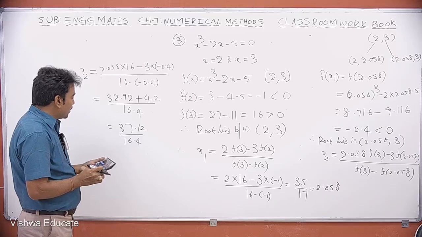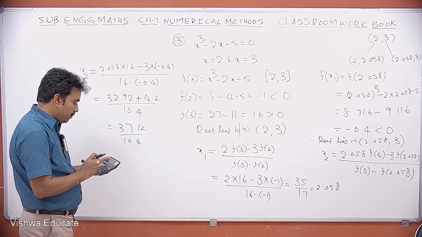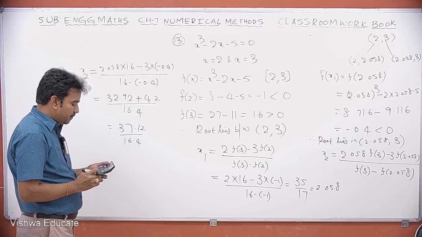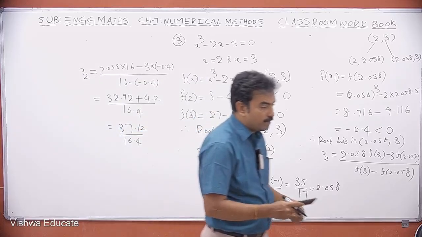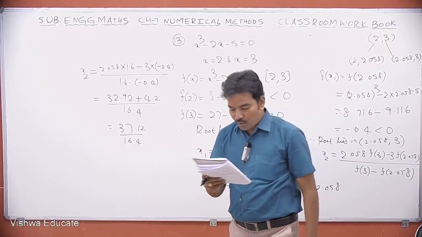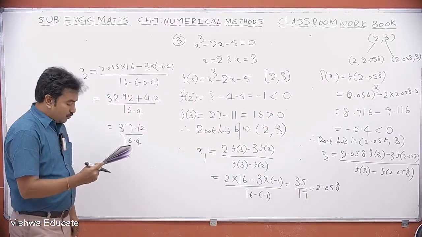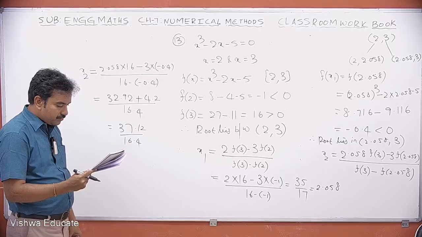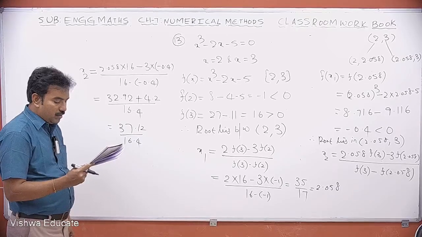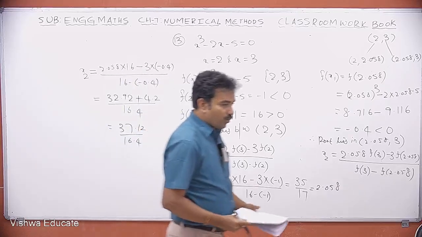This gives me 37.12 divided by 16.4. So this is 2.26. But when you go through the options, we do not have 2.26. Now let's solve this problem in the next session. Let's move to the next question.